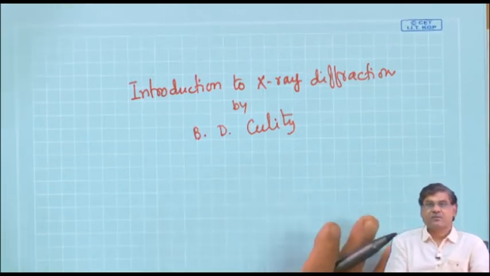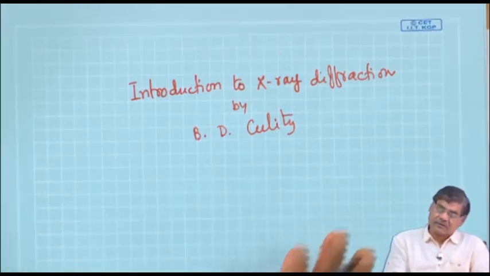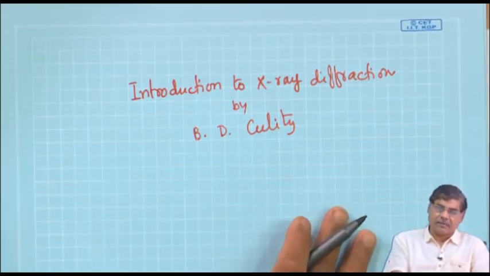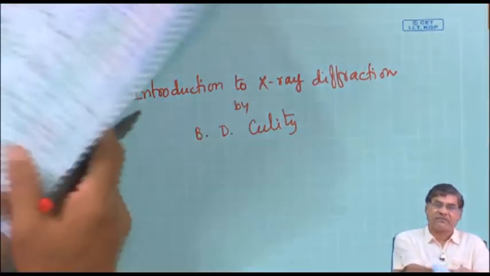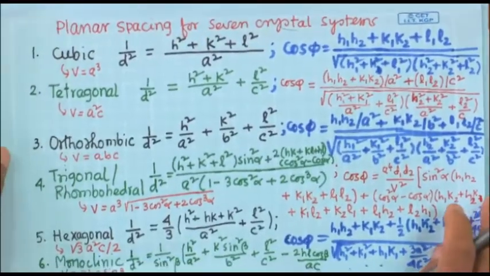This is a very famous book for X-ray diffraction, basically the experimental aspect of X-ray diffraction. It is a nice book, and from that book only I have noted down all this information.